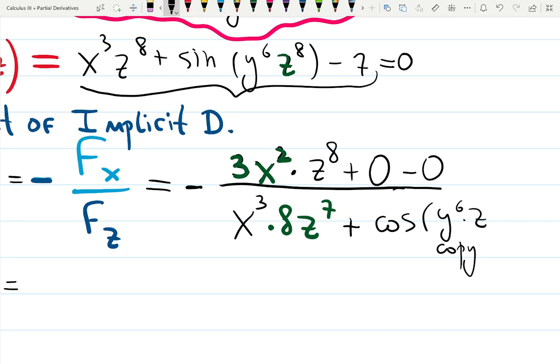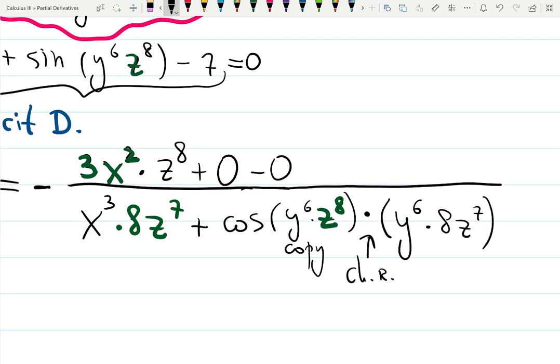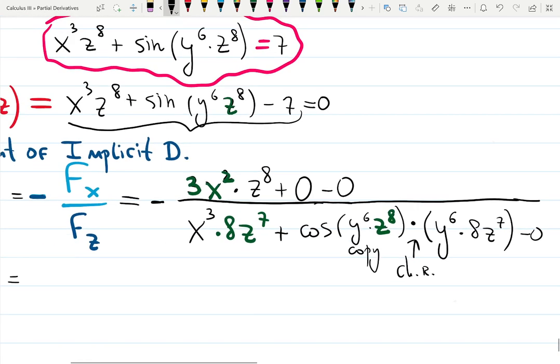Copying everything, cannot touch it. Times chain rule starts here. That's one-dimensional chain rule. Derivative of the function inside, with respect to, again, every time now you have to say it loud, with respect to what? With respect to z. So it's going to be y to the 6 times 8 z to the 7 minus 0 because of the 7. Does it make sense?